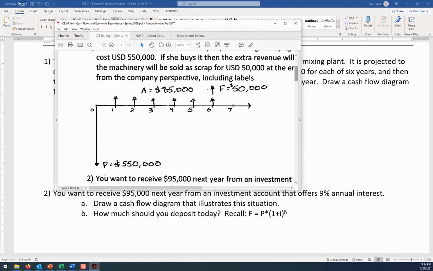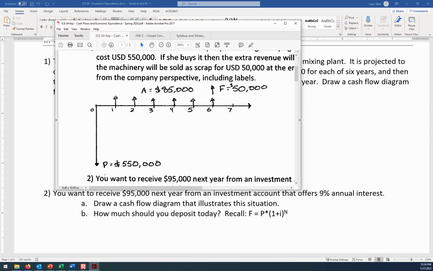All right, so a lump sum outflow of $550,000 now means that the arrow should be going downward from our horizontal axis, and you need to label each of these periods. They're annual periods here, and so it's at time equals 0 that you've got an arrow down. That's a relatively large arrow because $550,000 is a lot. P equals 550. So we're putting the units, which are dollars, the P for the present value, that's the lump sum outflow. And then it's the extra revenue of $85,000.